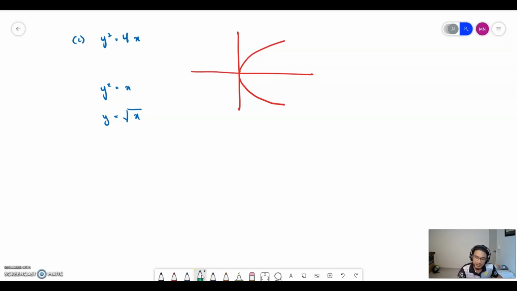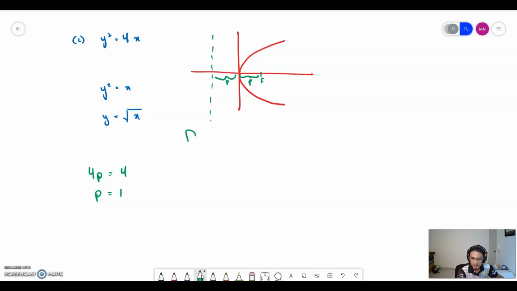We want to identify the value of p, so 4p is equal to 4, and now p is equal to 1. So the distance from the vertex will be 1. So this is the focus, p, and right here we also have another p, where the equation of the directrix is.